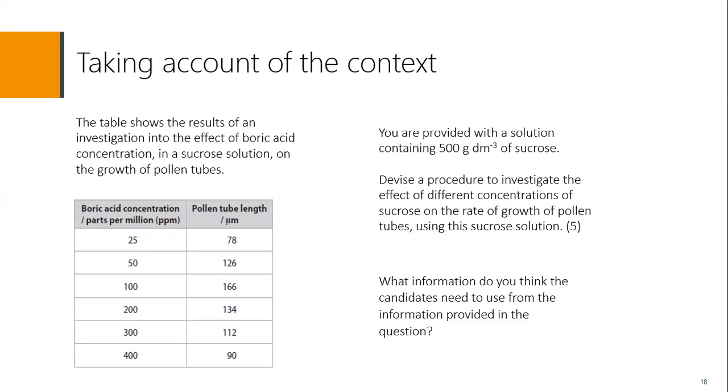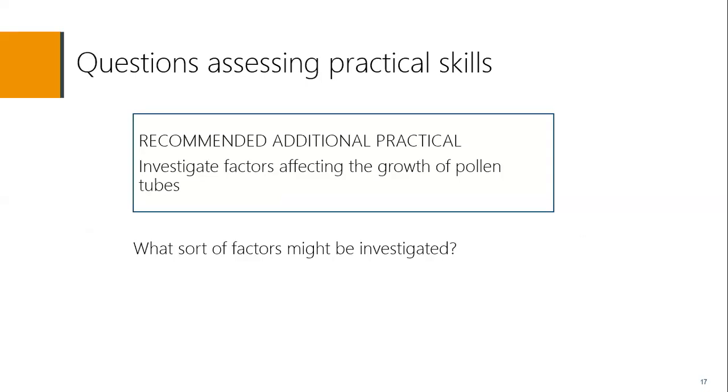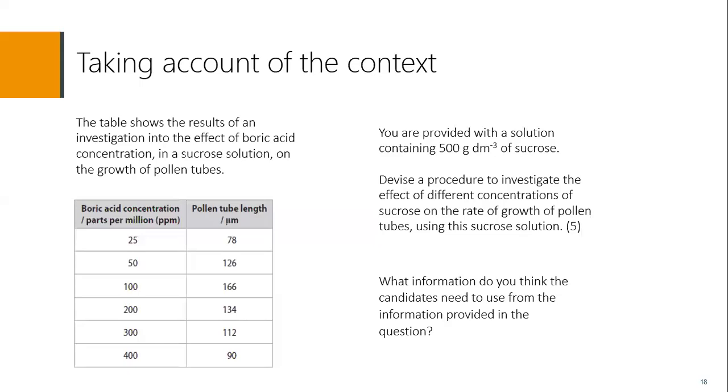And then we'll move on to what they need to take from the information they're given. So the practical is just to investigate factors affecting the growth of pollen tubes, so they should have looked at the growth of pollen tubes. From looking at that, can you put in the chat box what information from their knowledge and understanding they would use to answer this question?